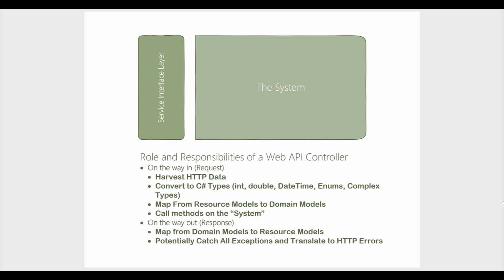On the way into your application, in this case from an HTTP request perspective, the controller's job, or the service interface layer's job, is to harvest the information from that HTTP. HTTP sends all the data across the wire as strings, but your system really wants things like integers, floats, doubles, date times and custom complex types.